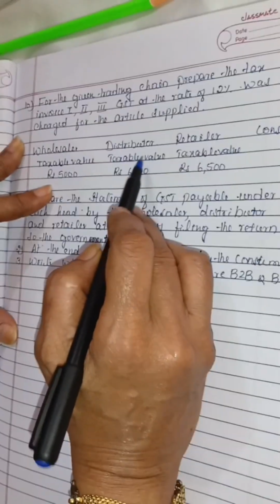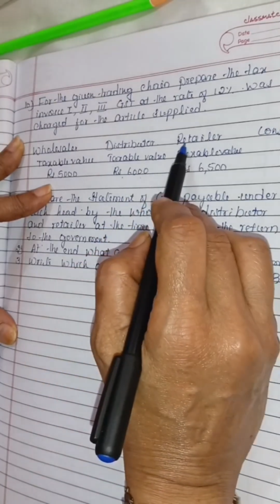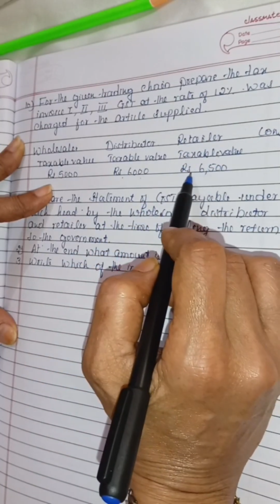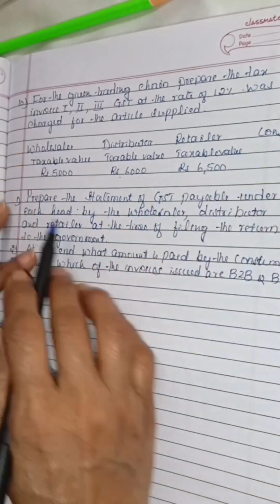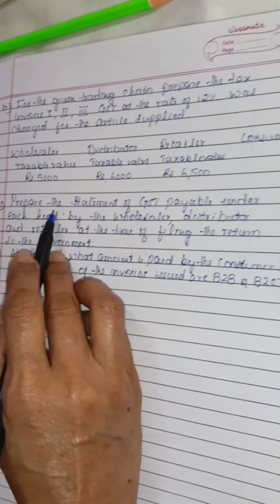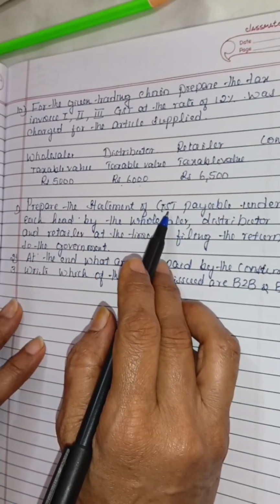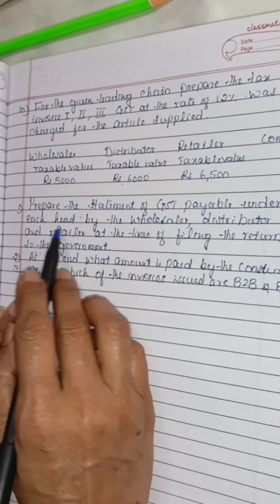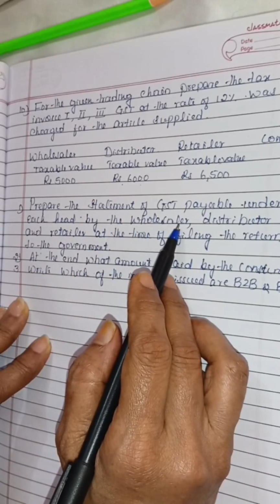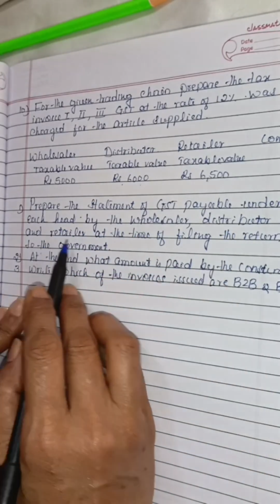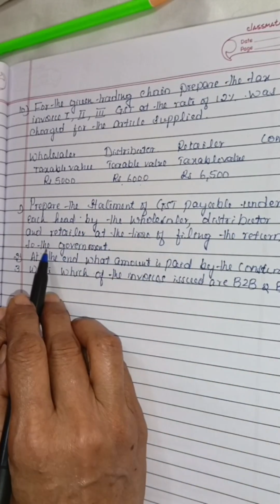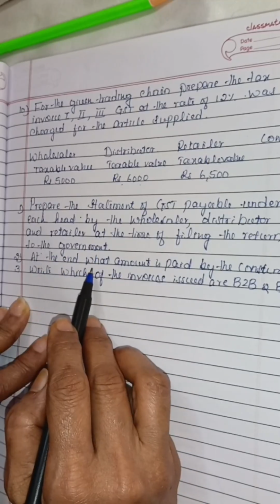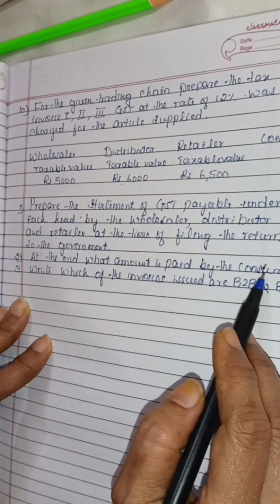For distributor, taxable value is rupees 6,000. Retailer, taxable value is rupees 6,500. Then consumer. First, prepare the statement of GST payable under each head by the wholesaler, distributor and retailer at the time of filing the return to the government. Second, at the end, what amount is paid by the customer.